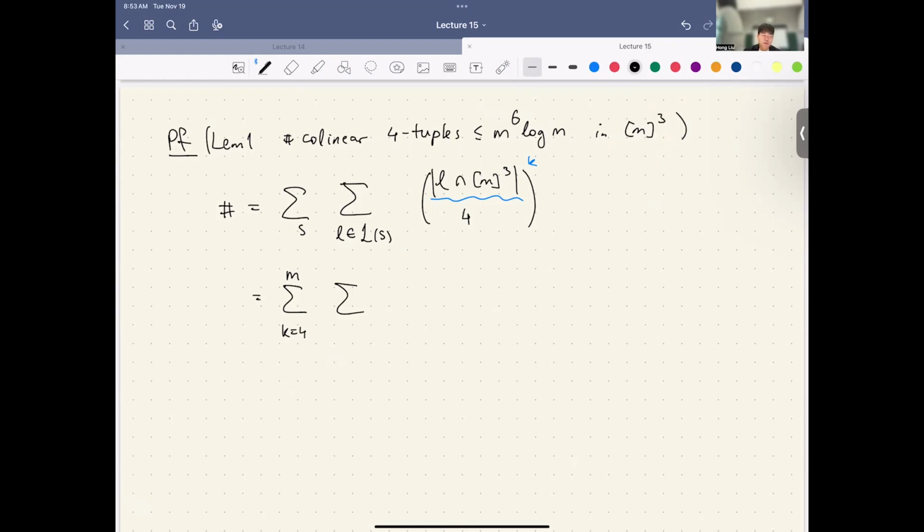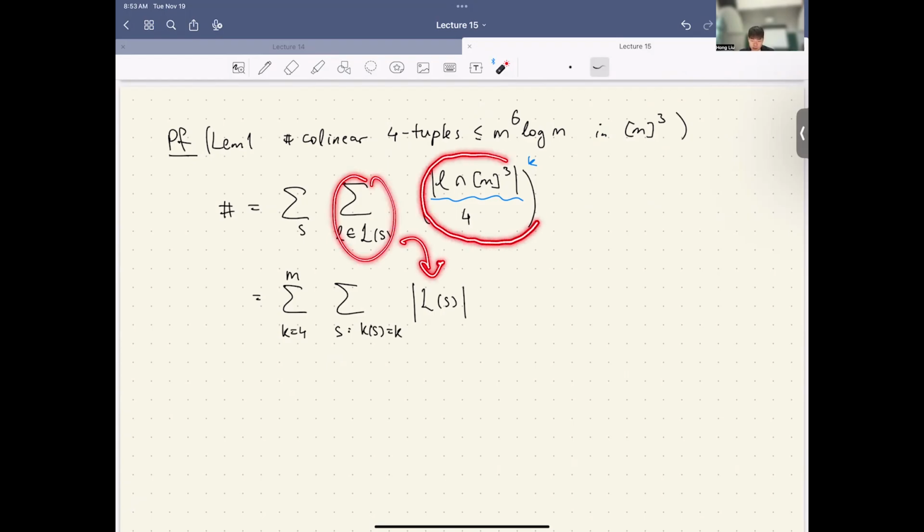Then, after you fix the intersection size, you choose those directions S where the maximum intersection size is K. K of S is the maximum intersection size with direction S. For every such S, the number of lines is exactly the cardinality of L of S, and for each one of these lines it is K choose 4.